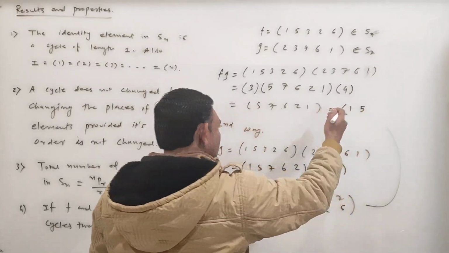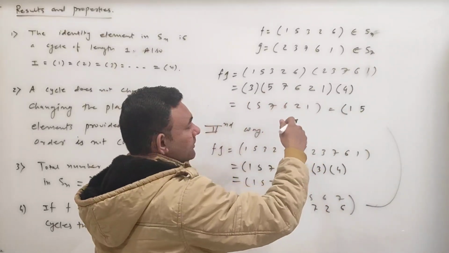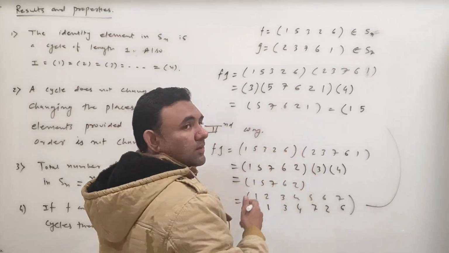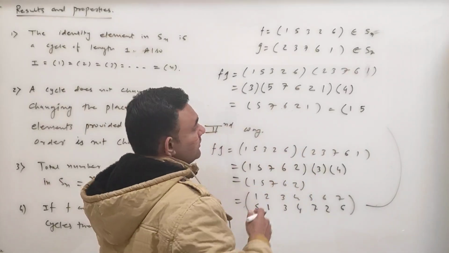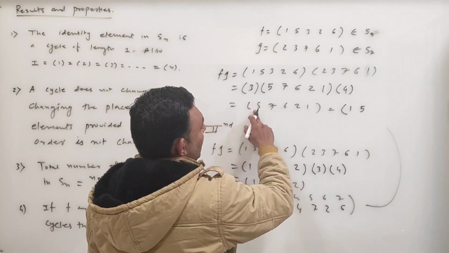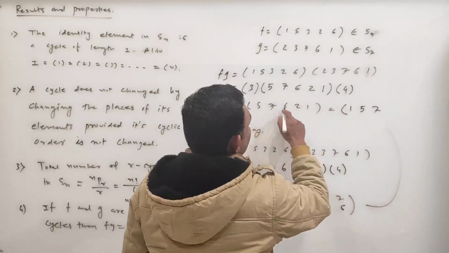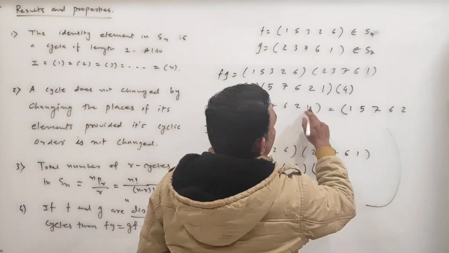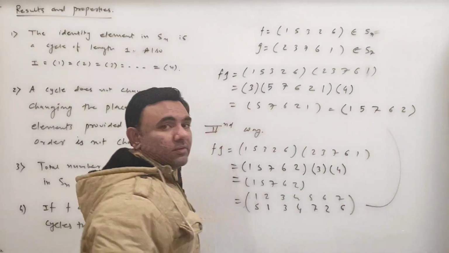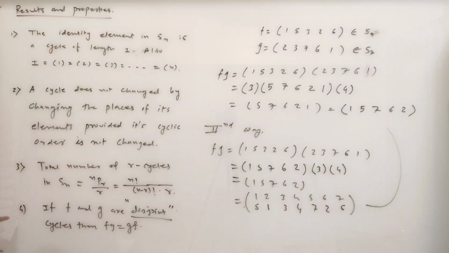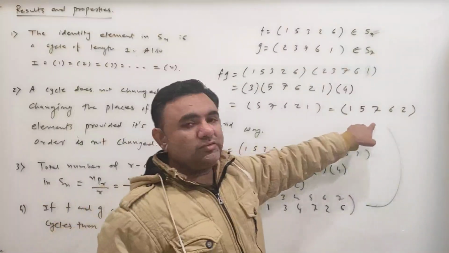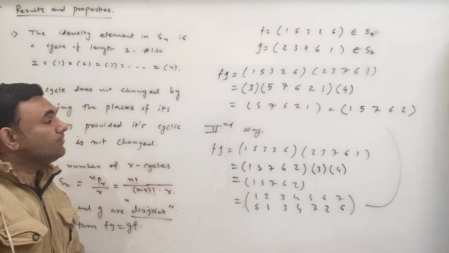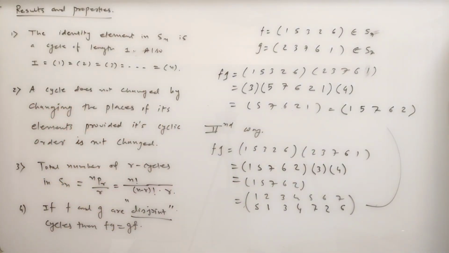So you just rewrite this cycle without changing the cyclic order of the elements. 1 then 5, 5 then 7, 7 then 6, and 6 then 2, and 2 then 1, but 1 is already here. So by the first remark, by the second remark, these two are equal now, because we are not changing its cyclic order. So in this way we can compute.